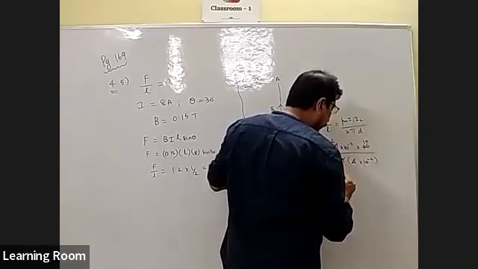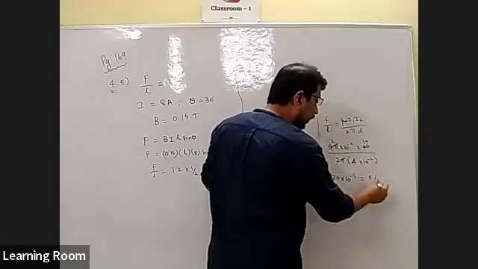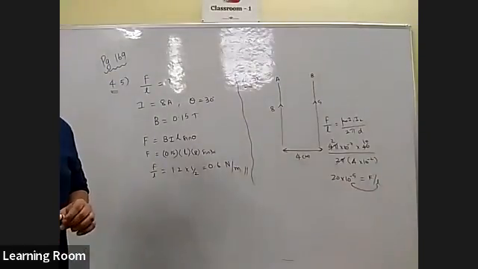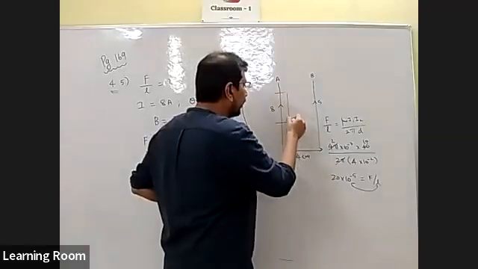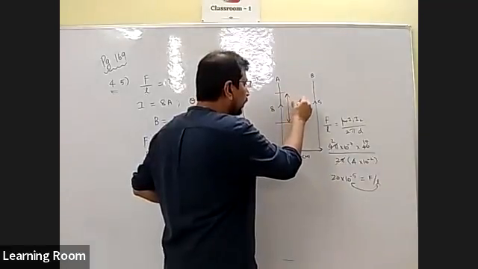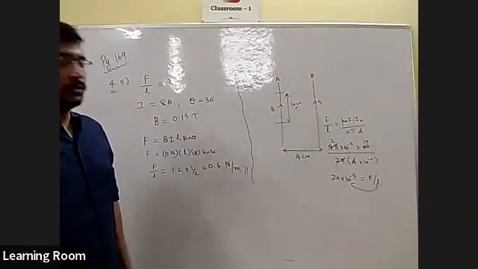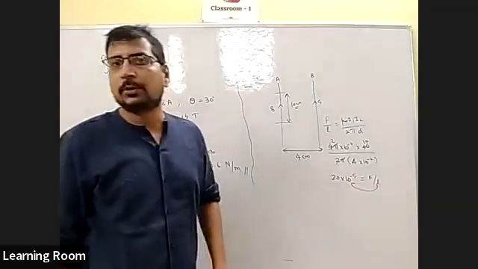So 20 into 10 power minus 5 is the force per unit length, but L should come to the other side. How much is the length of the wire they ask for? You consider 10 centimeter of wire from here, then what would be the force experienced by this portion? You know the force per unit length is 20 into 10 power minus 5, or 2 into 10 power minus 4.